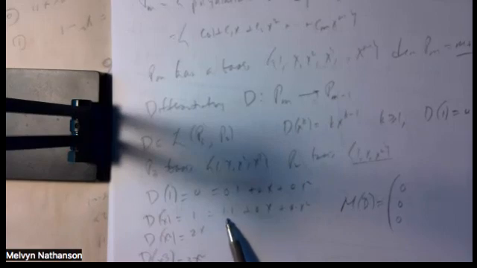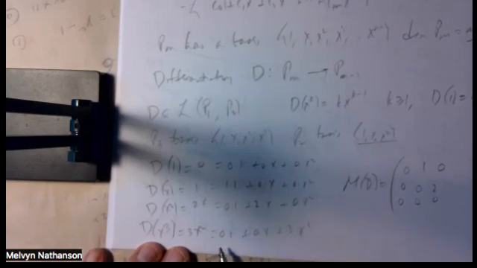The coordinates are 1, 0, 0. 2x is 0 times 1, 2 times x, 0 times x squared. So for x squared, the coordinates of D of x squared are 0, 2, 0. And finally, the derivative of x cubed is 3x squared. That's 0 times 1 plus 0 times x plus 3 times x squared. We have the coordinates 0, 0, 3. That's the last column.